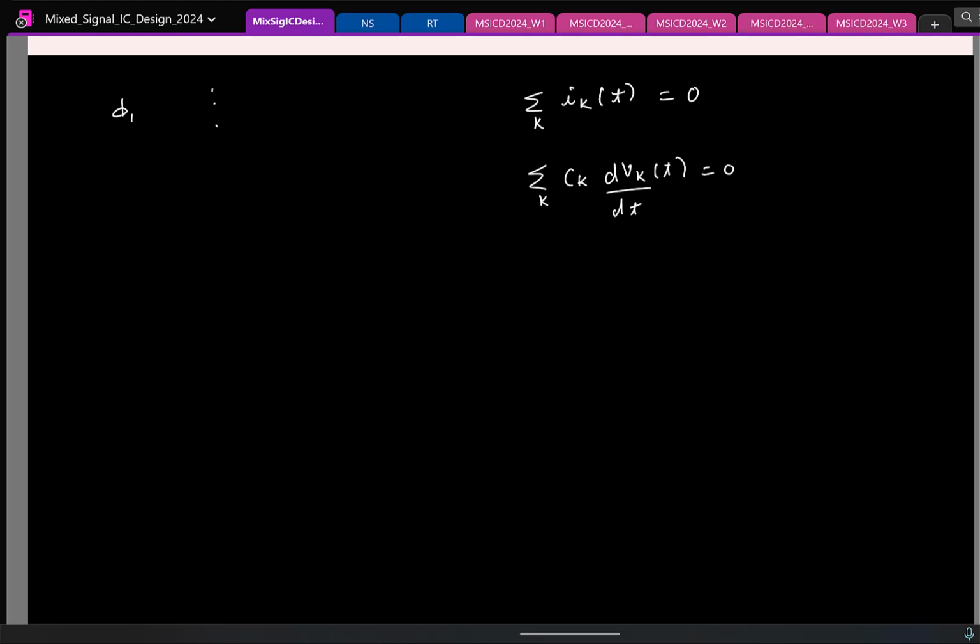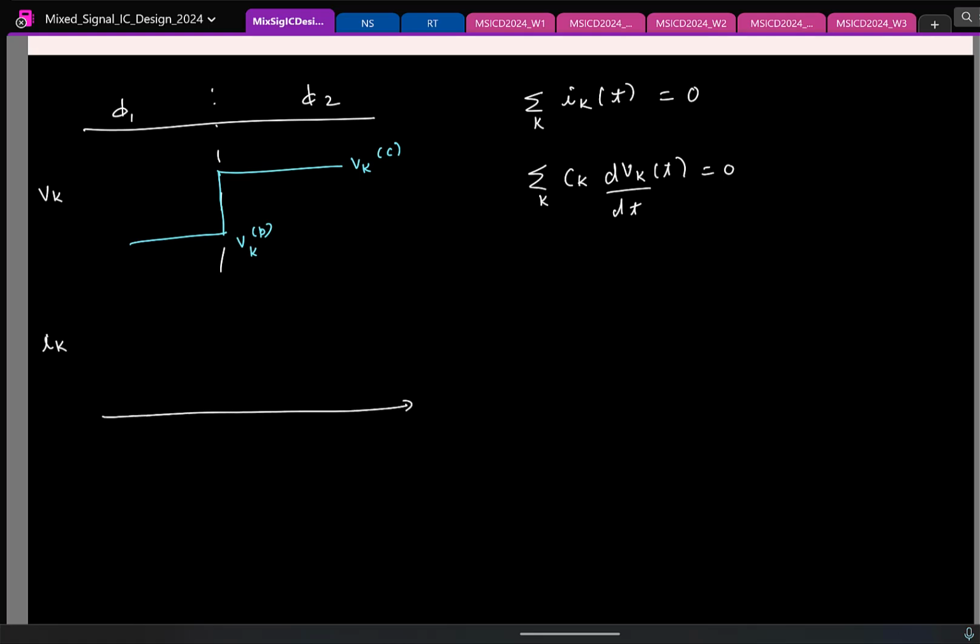So if I look at two clock phases, let us say voltage Vk jumps like this from one phase to the other. Let me call this Vk in the previous clock phase. This is Vk in the current clock phase. So if I plot the current Ik, how will it look? It will be an impulse.